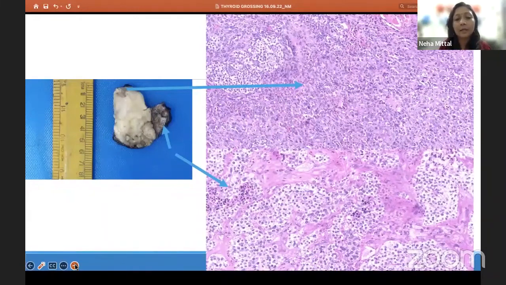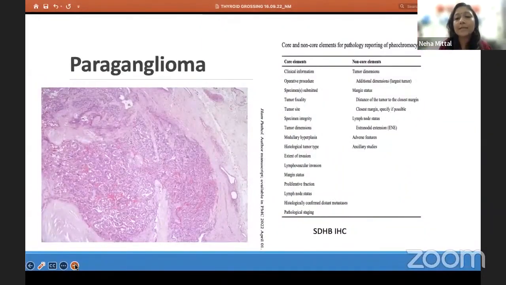And this is just one slide on paragangliomas, which are another endocrine neoplasm in the head and neck region. Again, it is actually metastasis which classifies a paraganglioma as malignant, and SDHB IHC should ideally be done in all cases, because it helps us differentiate the familial and the genetically determined paragangliomas, which are more likely to turn malignant than the ones which are sporadic.